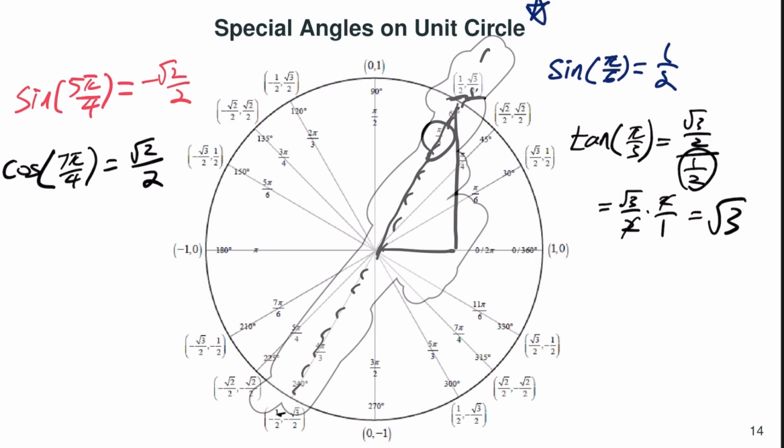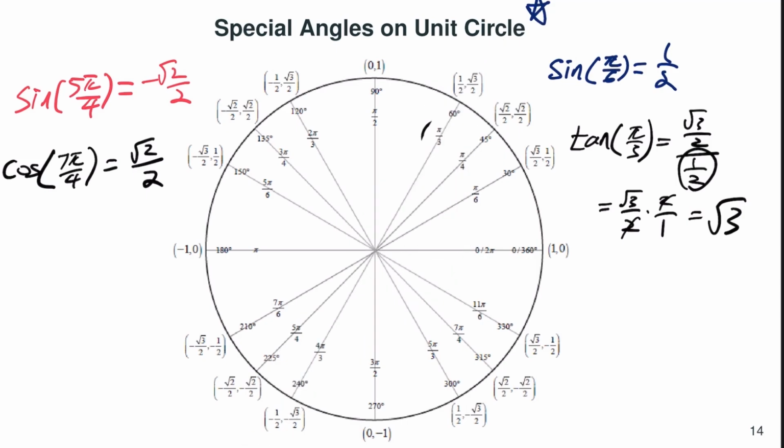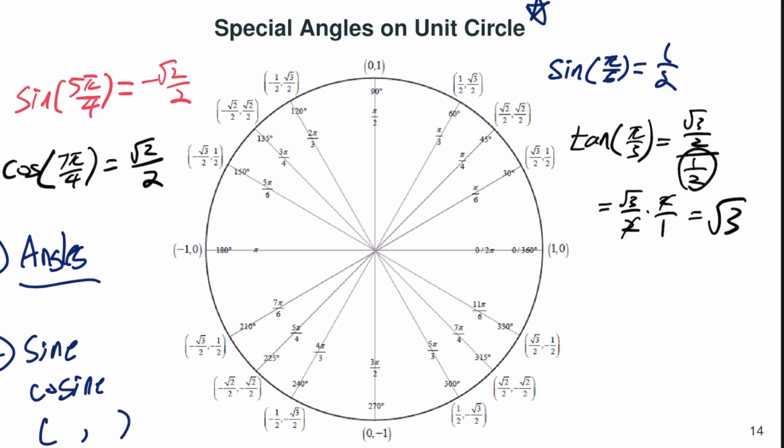Okay, now I'm going to walk you through how you construct this on your own. Just follow along. When you construct this on your own, first draw the angles in radians. Then you fill in the sine and cosine values, in coordinate form like x, comma, y. So how do we go about the angles?